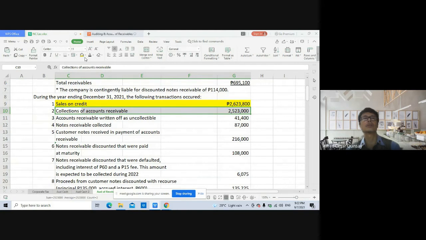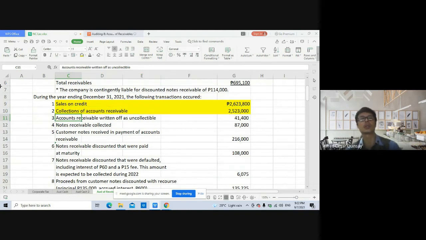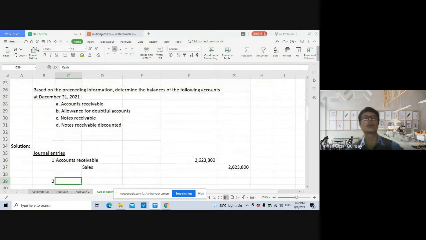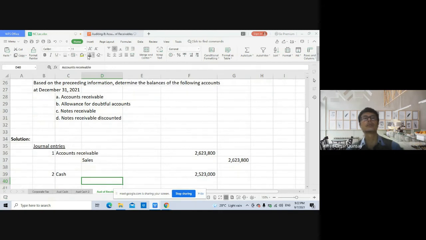So the second entry, collections of accounts receivable. Okay, so that's for 2,523,000. So we will have a debit of cash for 2,523,000 and credit accounts receivable for 2,523,000.